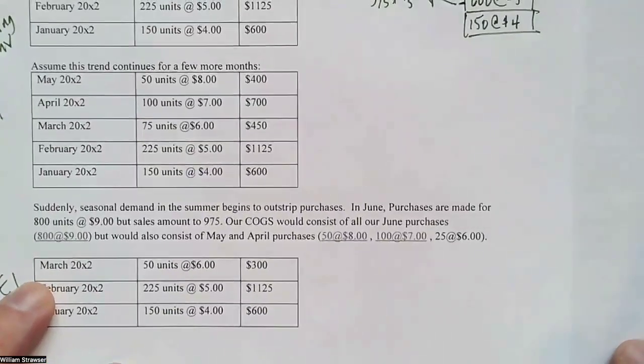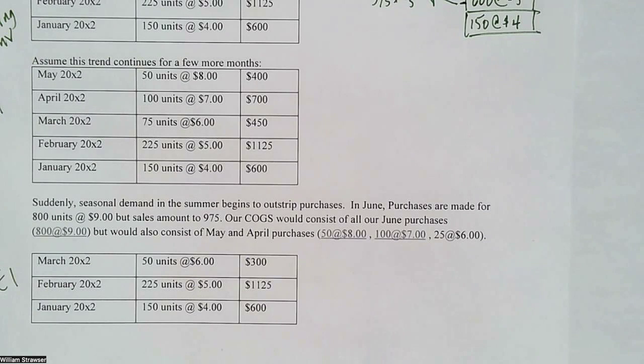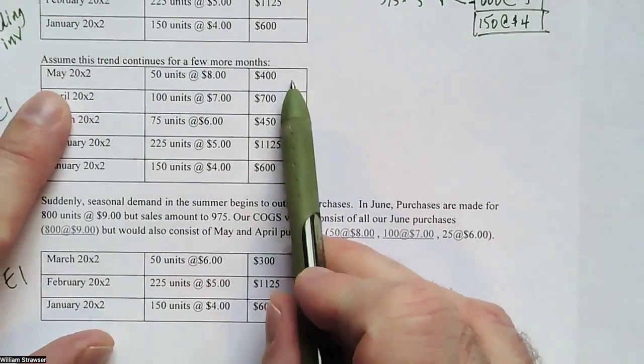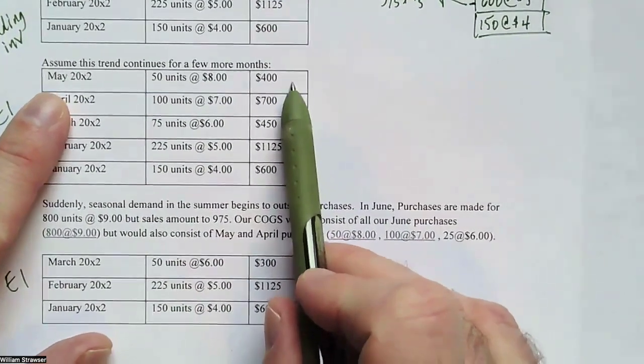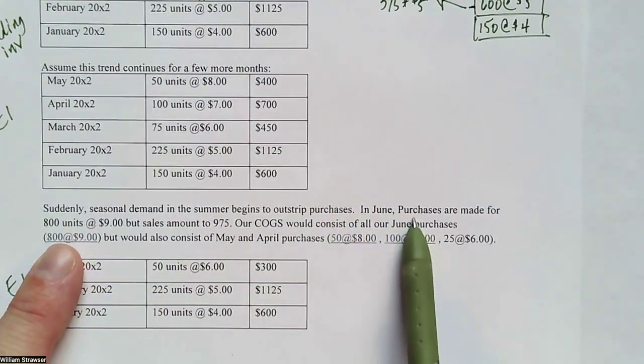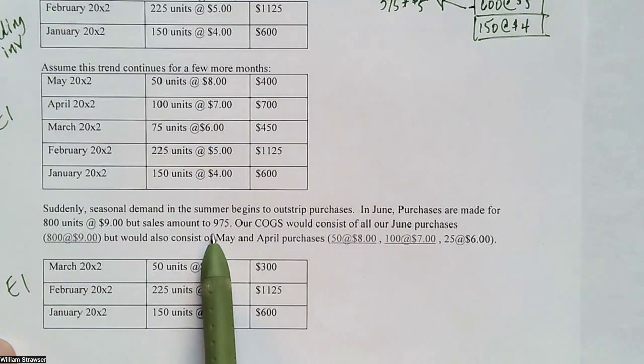And that can be problematic if suddenly you have sales that outstrip your purchases during a period. So this would be my ending inventory at the end of May. Then suddenly, let's say in June, our seasonal demand kicks up and we have 800 units that are purchased.